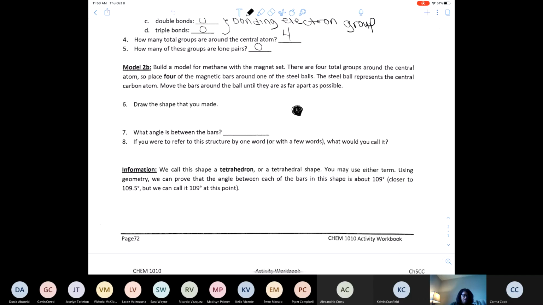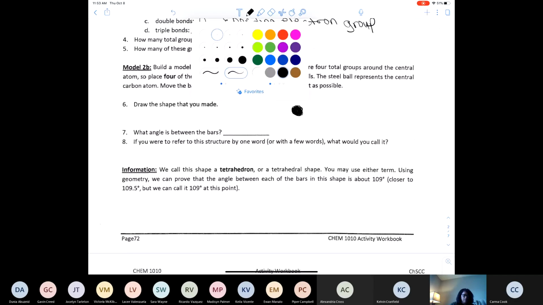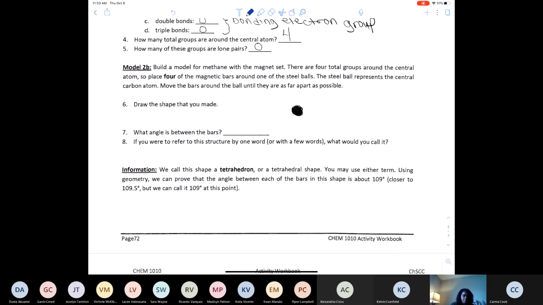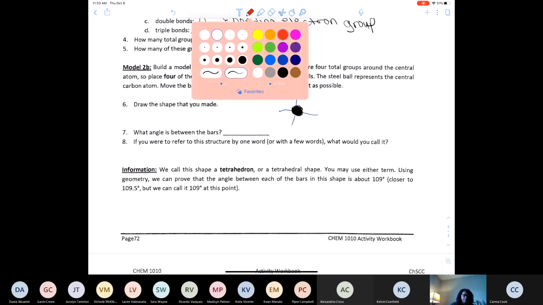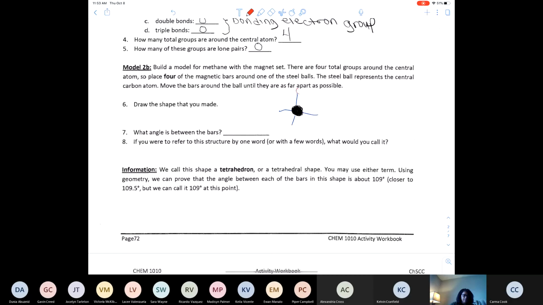So here's our central carbon, and here are our 4 covalent bonds, and then our hydrogen atoms.